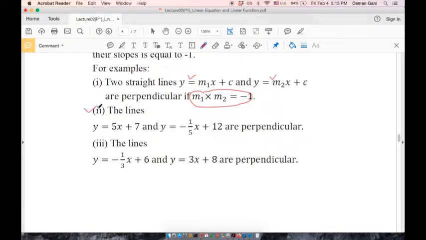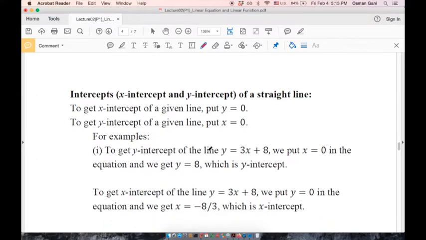And there is another example, y equal to 5x plus 7 and y equal to -1/5 x plus 12. These lines are perpendicular because the product of their slopes is -1. You see, 5 times -1/5 is equal to -1. And these lines are also perpendicular.